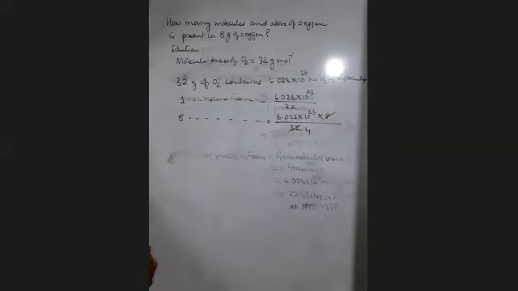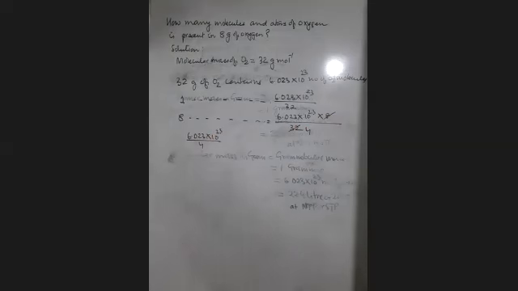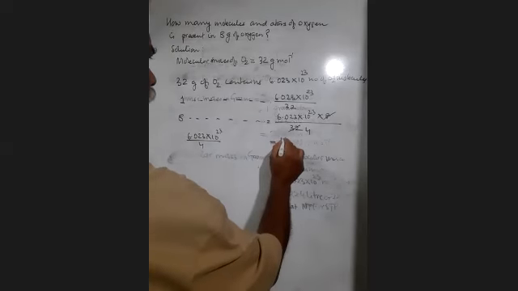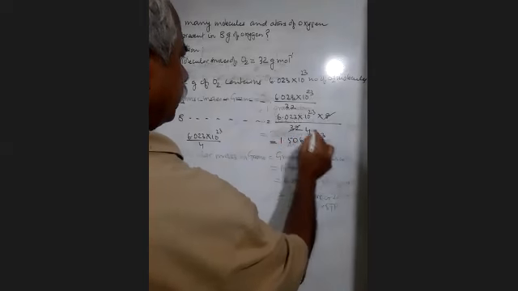That comes to 4, so 6.023 into 10 to the power 23 divided by 4 is 1.506 into 10 to the power 23.